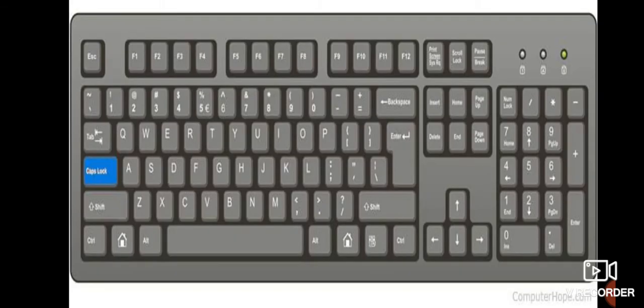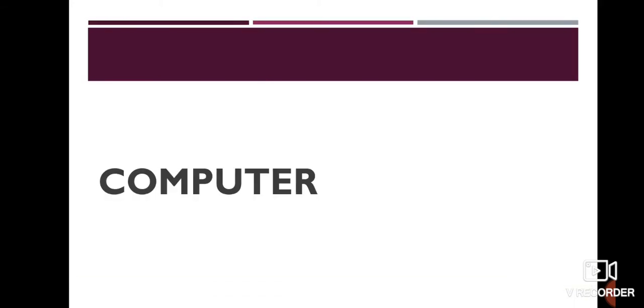But if I press my caps lock key and then write computer, then computer will come in capital letters. Okay, children? So that is caps lock key. Clear? It's very simple. Let's move further.